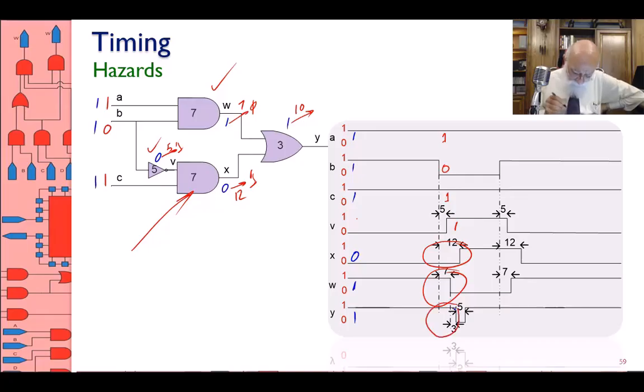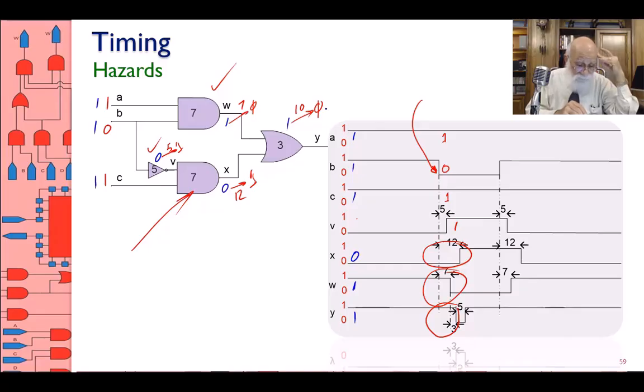This is 10. A 7 plus a 3 becomes a 10. But now these times are all relative to the time that B changes. Okay? It's all relative to the time that B changes.